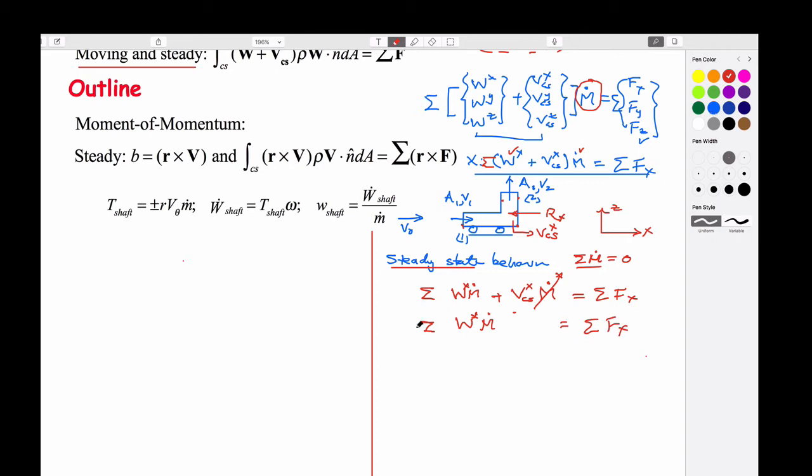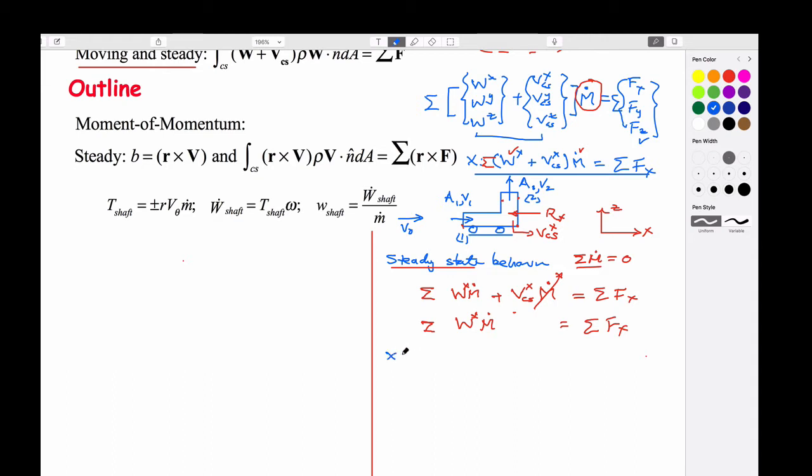And if we write that out in terms of the individual components, in this particular case we only have one relevant component. So let's write it out for that. So what's it going to be?